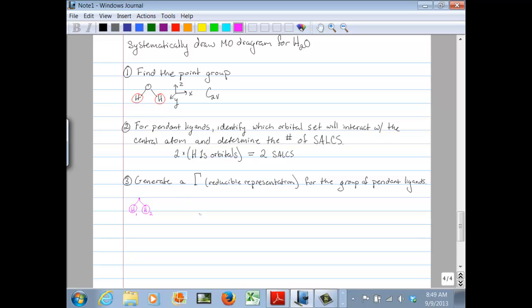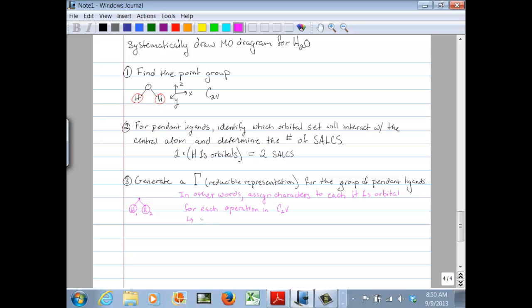What we're going to do, in order to generate a reducible representation, is do all of the operations in the C2V point group, and then assign characters to each hydrogen 1s orbital. In other words, we're going to assign characters to each hydrogen 1s orbital for each operation in C2V. What are the characters going to be?